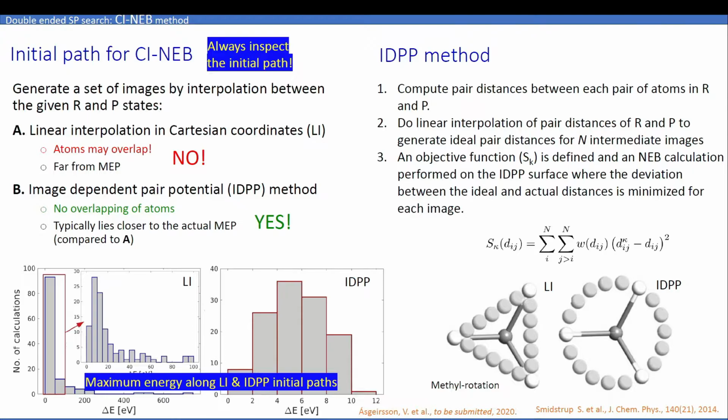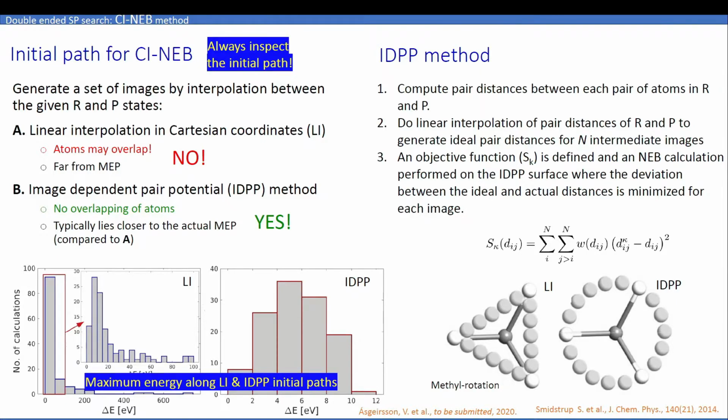Here you can see an example of the two interpolation methods, the linear interpolation and the IDPP, for a 120-degree methyl rotation. As you can see in the linear interpolation, the intermediate hydrogen atoms and the carbon atoms will be overlapping, while IDPP produces this circular motion, which is of course very close to the actual minimum energy path.